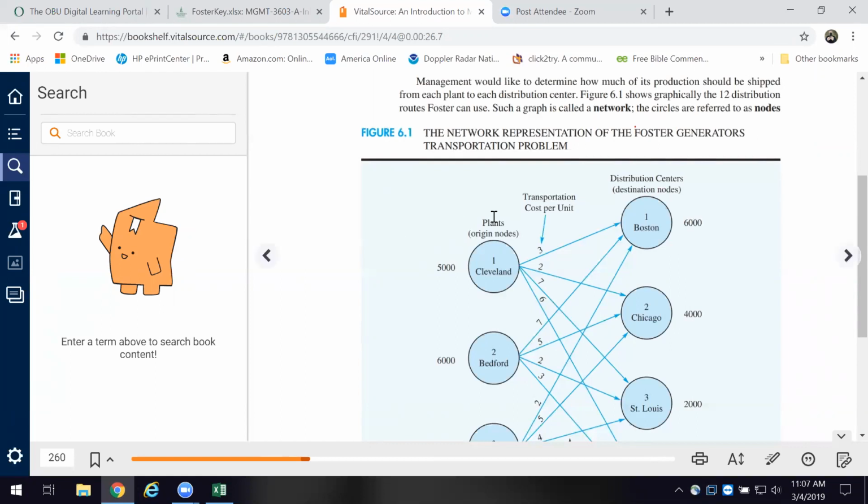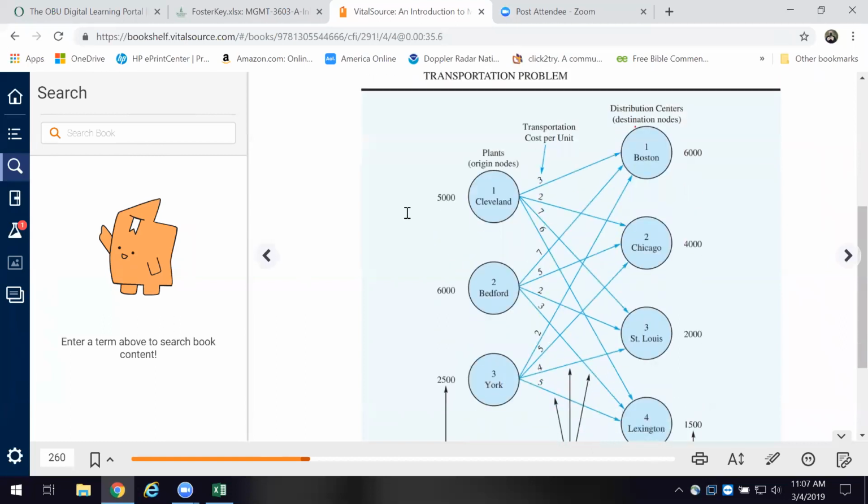First of all, you've got these circular things, these are nodes, and you have origin nodes and destination nodes. Now, you could also have a node between those, and that node could either be a destination one, or it could be a node that collects things and then distributes them, like a hub and spoke structure in airlines.